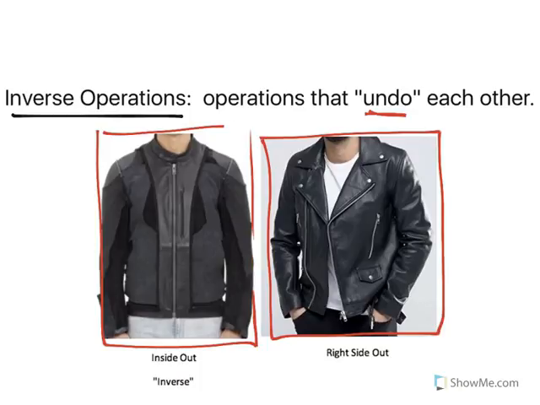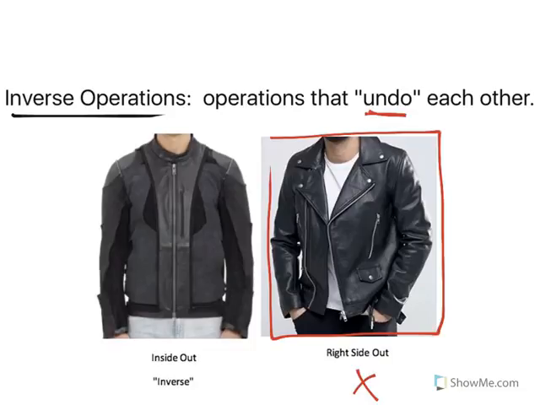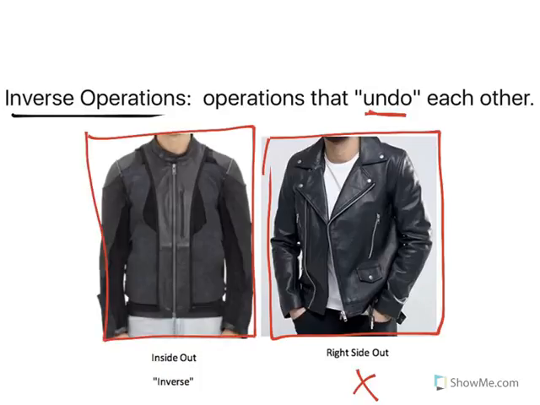If I said that now the jacket right side out is multiplication, if I wanted to undo this jacket, I would turn it inside out and do division. So for every operation, there is an operation that undoes it.